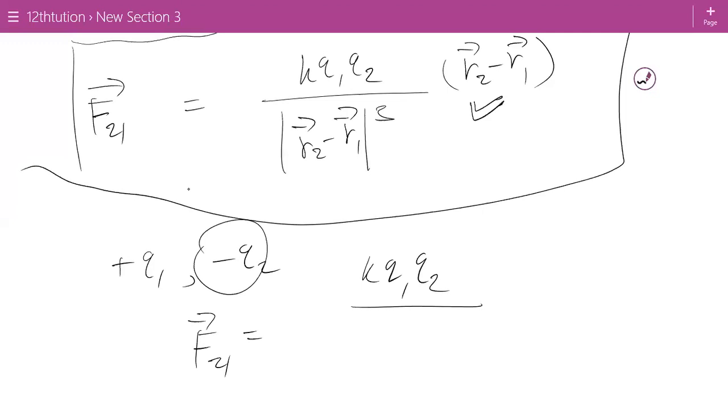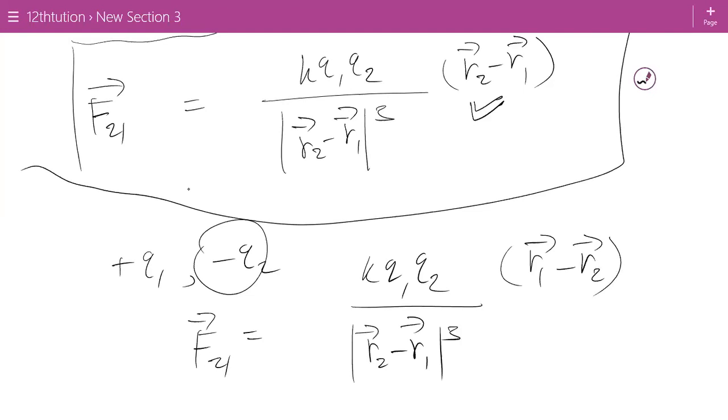This will become R1 vector minus R2 vector divided by the mod of R2 vector minus R1 vector cubed. This is done because the negative sign is taken inside the bracket. I multiplied negative 1 to this, so you got this.